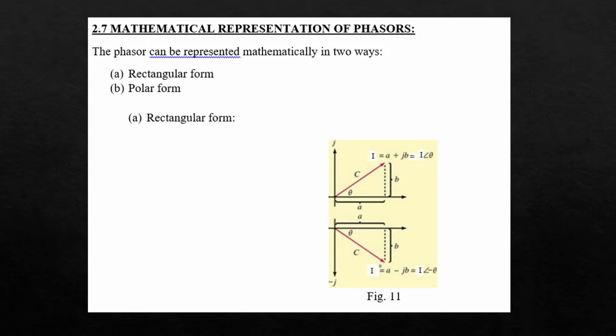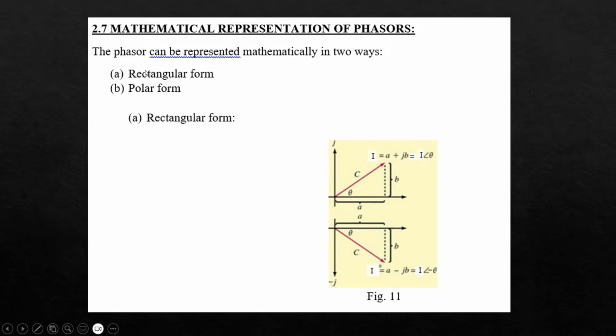So OM, this particular projection on the y-axis, is OP sin omega t. So e equals OP sin omega t. OP is the hypotenuse, OM is the perpendicular.